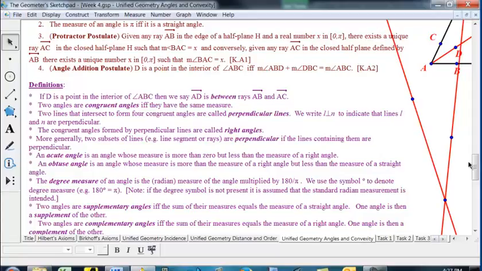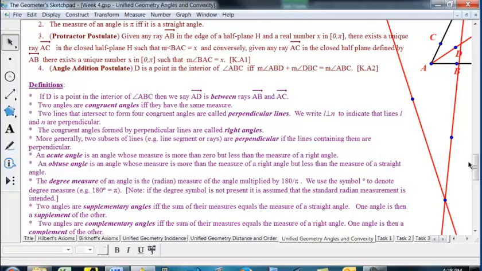Radians is the better way to do angle measurement. Degrees are a more ancient system from ancient Babylon, and so we prefer to use radian measure, and we'll use radian measure when we're doing anything formally in this class.